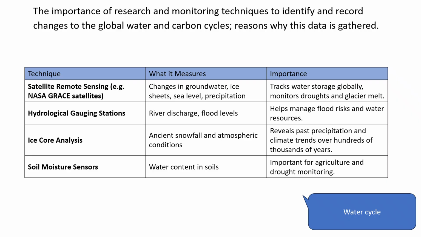NASA, I'm hoping you've heard of them, American, have lots of satellites. It helps us monitor through the use of satellite imagery where some of our water stores are. We have gauging stations, ice core analysis, soil moisture sensors too, all of which can tell us a little bit about the amount of water stored, but also its transition in and out of those stores.